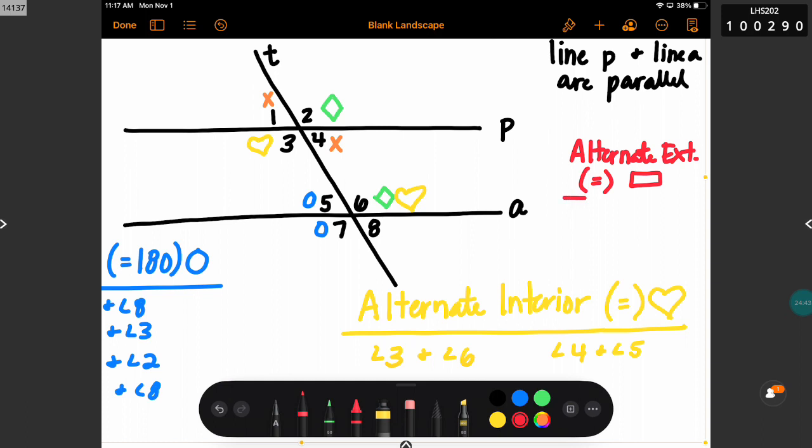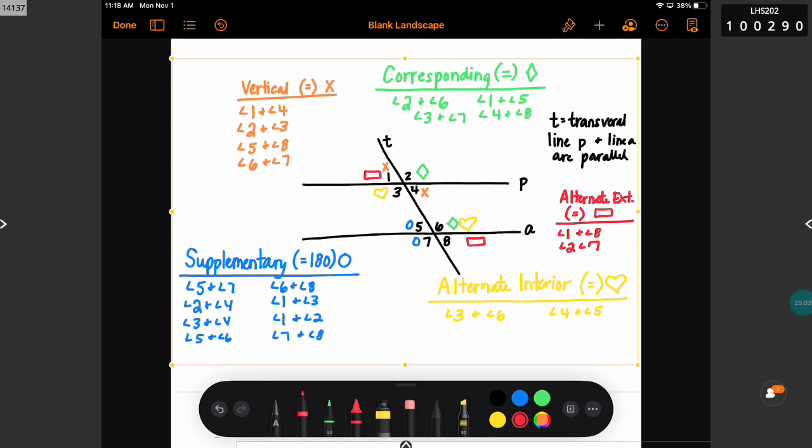I'm going to label 8 here. So it's going to be 8 and 1, and angle 2 and angle 7. Okay? So this is kind of going to be a guide for us as we walk through this. Keep this page next to you as we go through the next couple of problems.